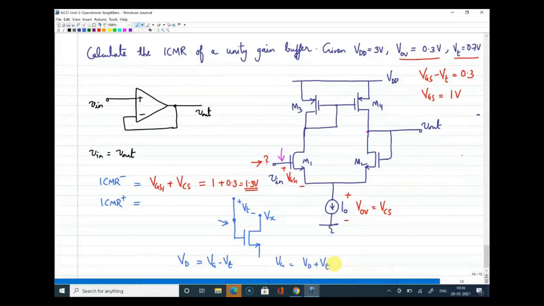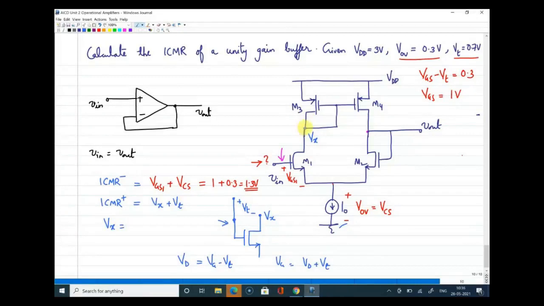So now for ICMR plus, when I write the maximum voltage that can be given to this gate, it is equal to this node voltage. Say this is Vx. If that is Vx, I can say that is equal to Vx plus Vt. Right. Now we should write what is Vx. Vx is this node voltage.